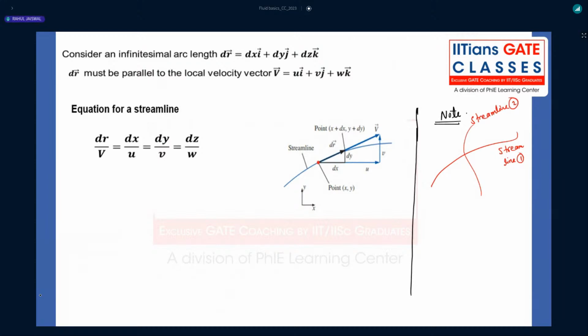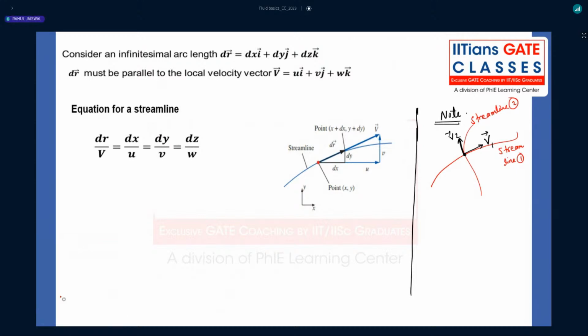Intersection of two streamlines is not possible, because at the intersection point, when you draw the tangent, I told you, right? What is the purpose of the streamline? You draw the streamline, you take the tangent, and the tangent direction will be the direction of the velocity vector. But suddenly at the intersection point, for the same fluid particle, when you draw the tangent you will get another velocity vector, v1 and v2, right?